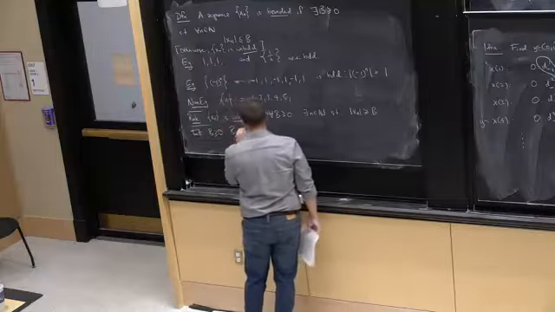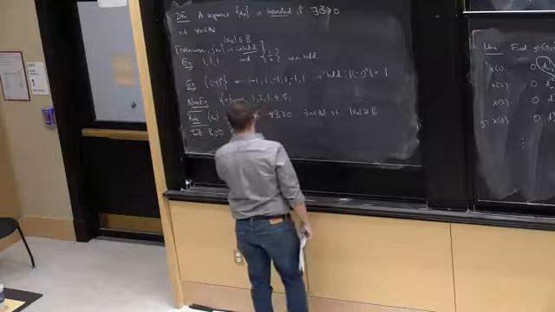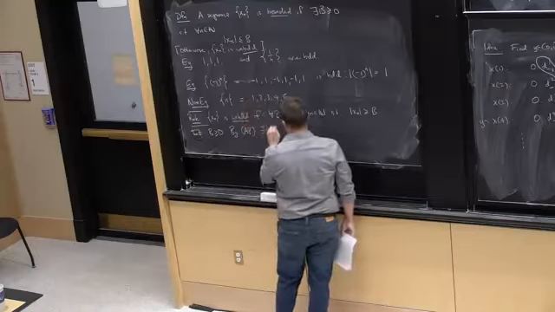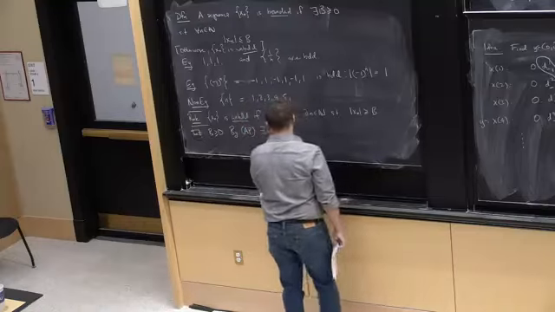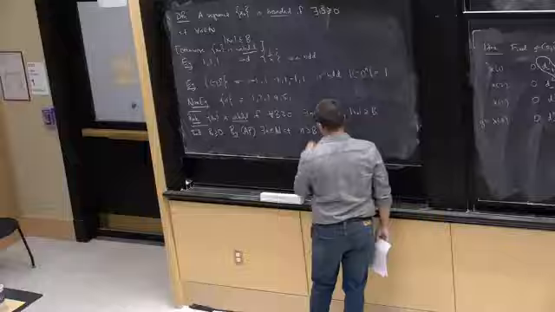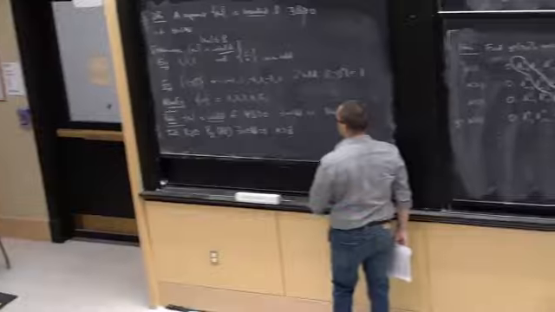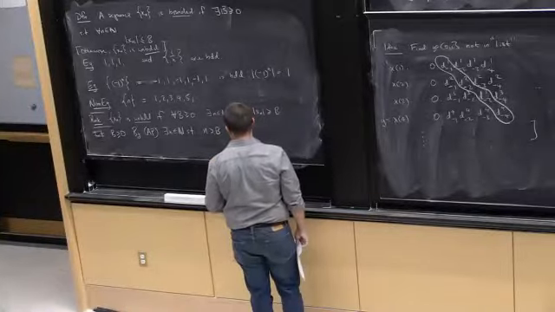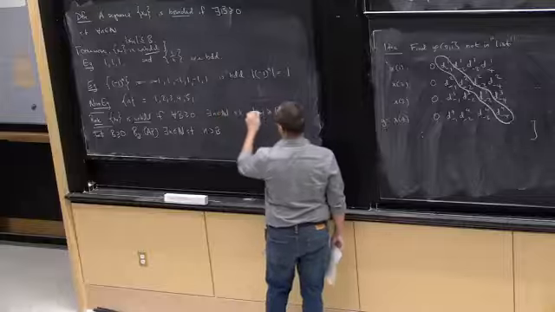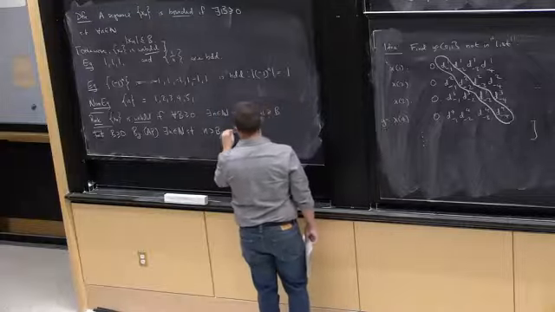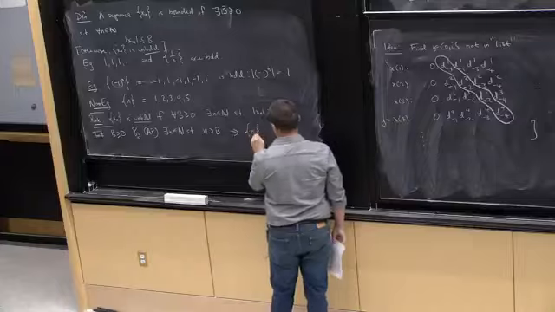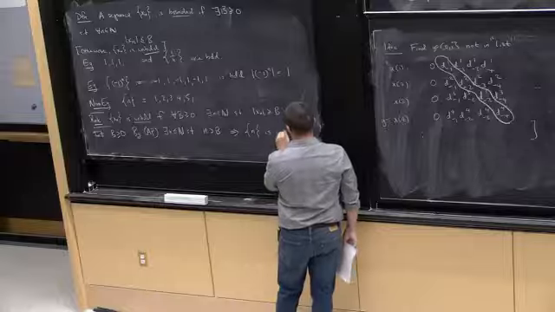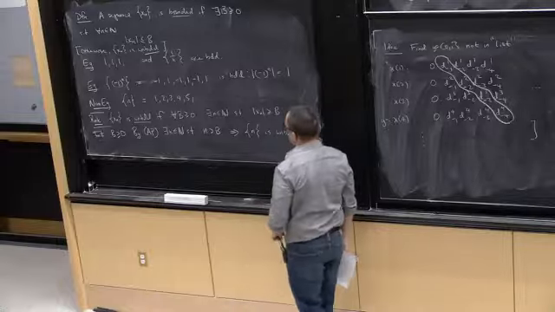By the Archimedean property, there exists a natural number n such that n is bigger than b, which is exactly what we wanted to prove, because in this case, x sub n is n. So it is unbounded. Okay.